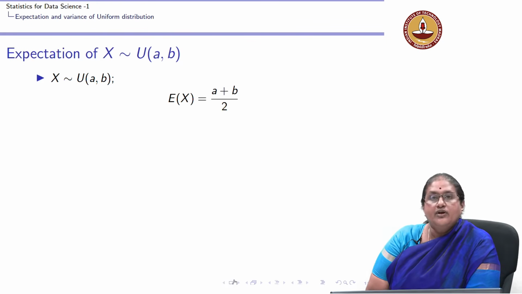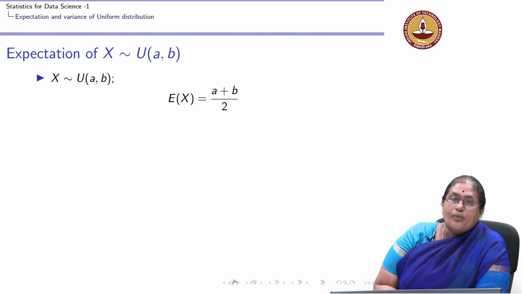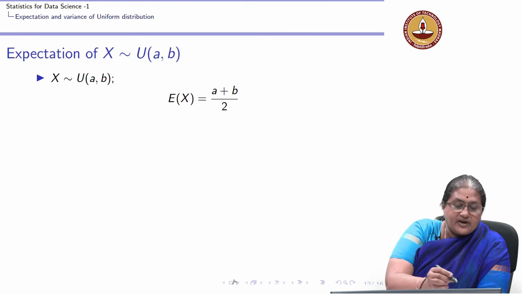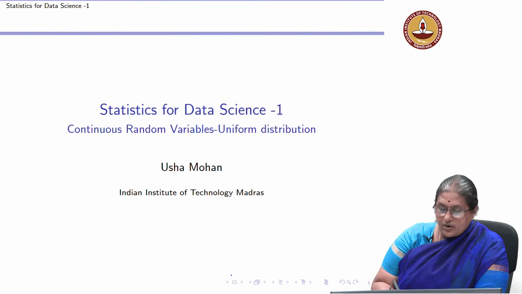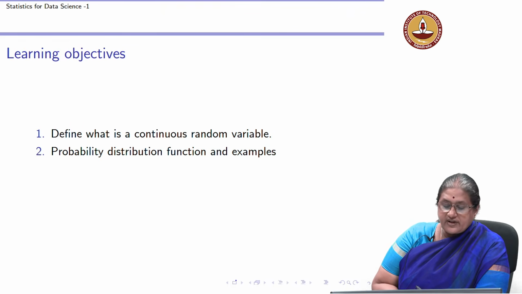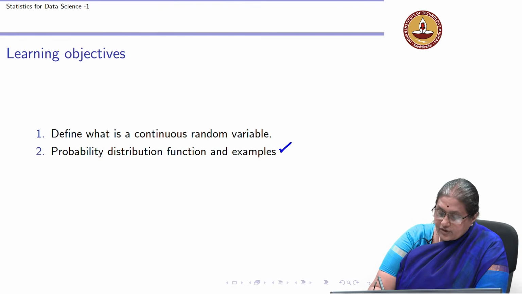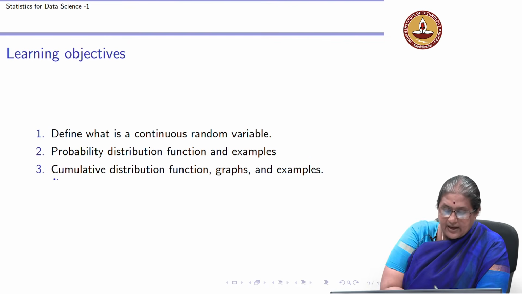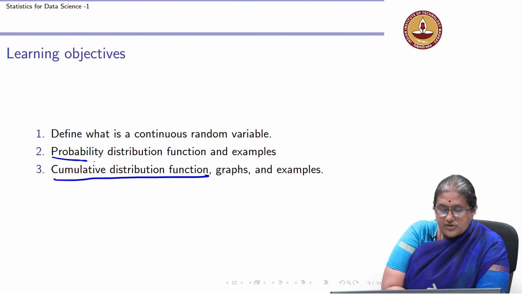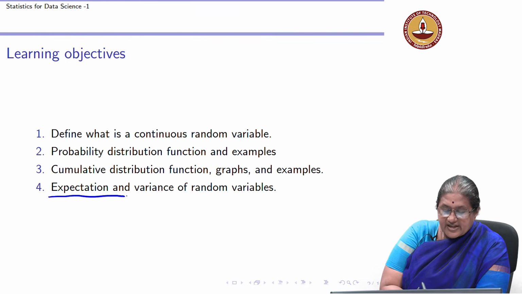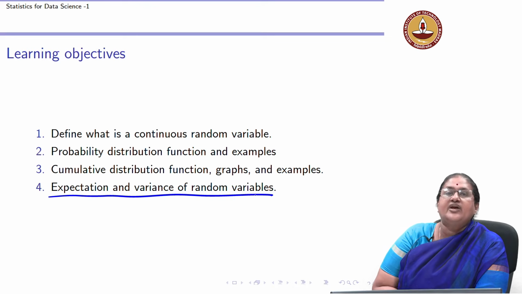Now, we will look at the important properties of a uniform distribution. Recall, whenever we are talking about a random variable, we always want to define the random variable, give the probability distribution function, come up with a cumulative distribution function, and look at the expectation and variance.